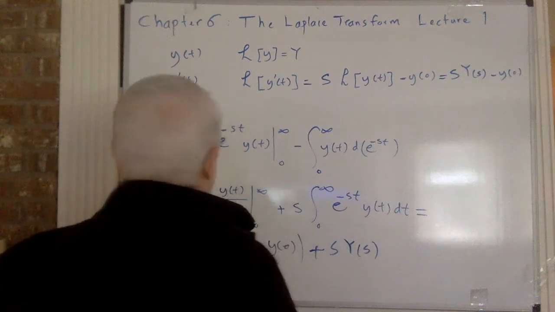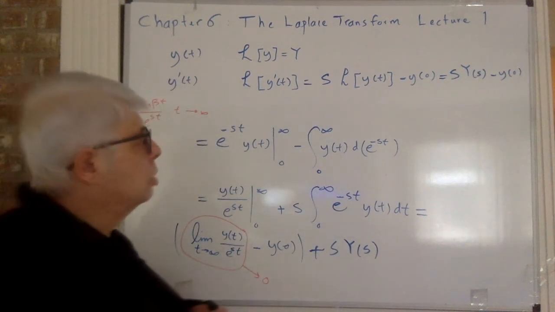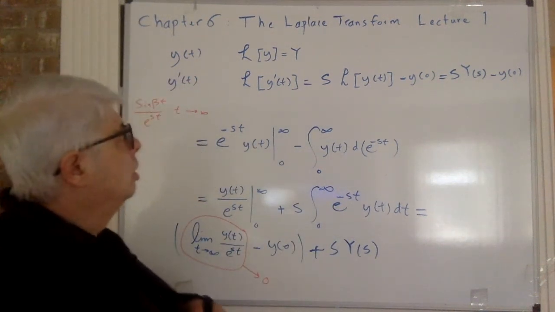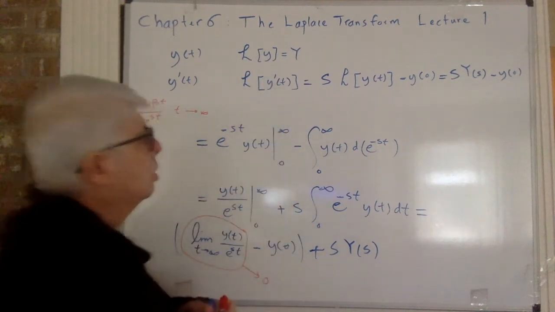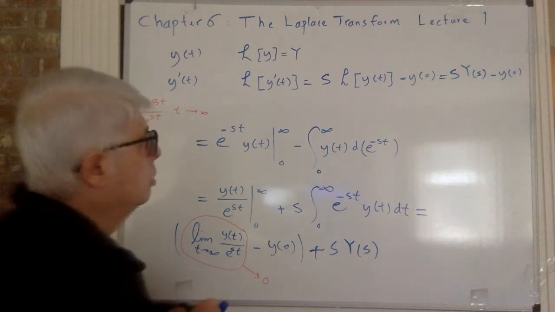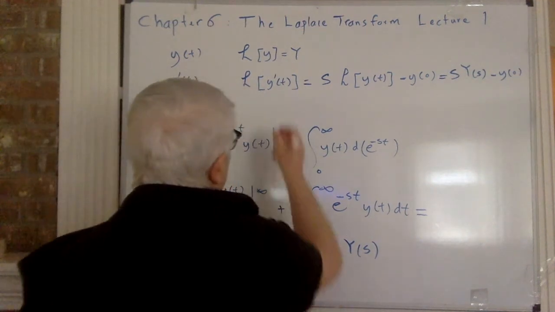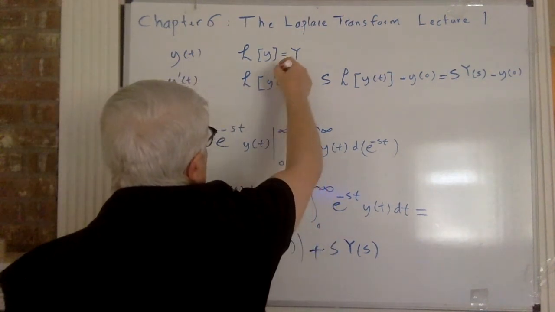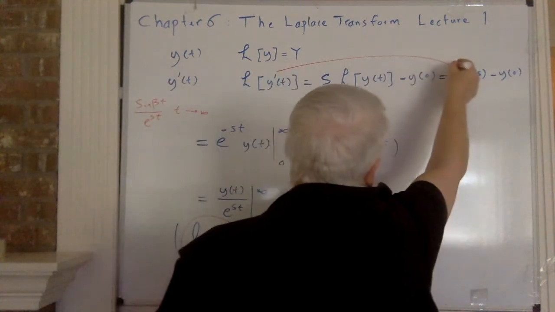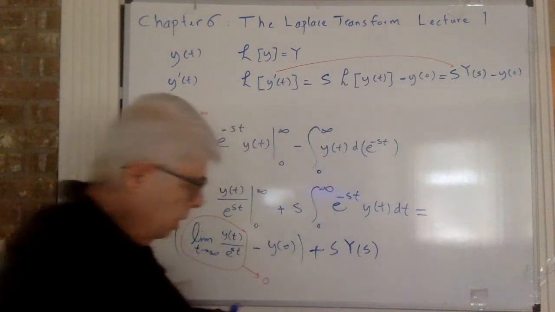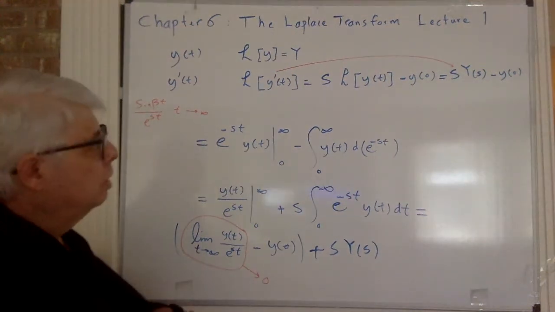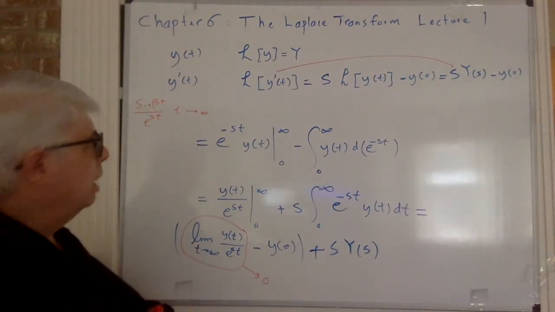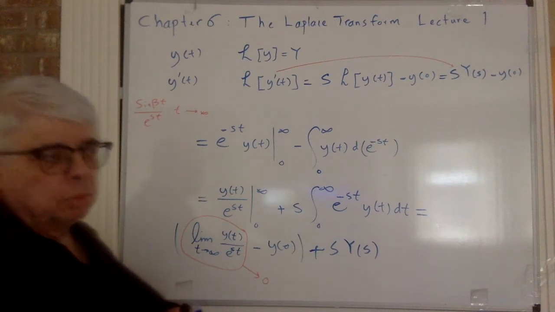Y at 0 is a constant, just a number. So it is just amazing that the derivative, just look, derivative changed to what? This prime and gave me an s here. One derivative gave me s. You will see that another derivative will give me another s.